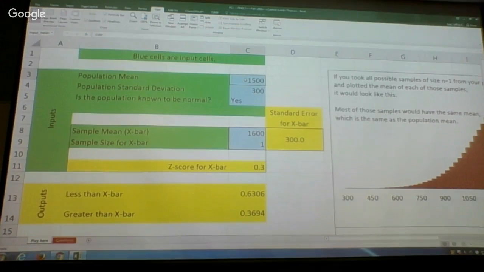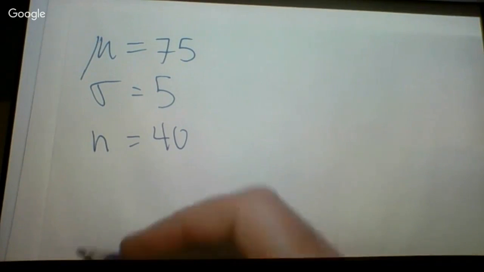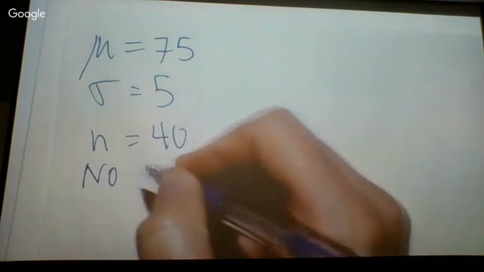What was sigma for this one? 5. Thank you. Sigma was 5 and n was 40. Is that right? Yes. Cool. Do we know the shape of the population? Is that given to us here? It does say normal. Yeah. All right. So we're going to work through number 32.